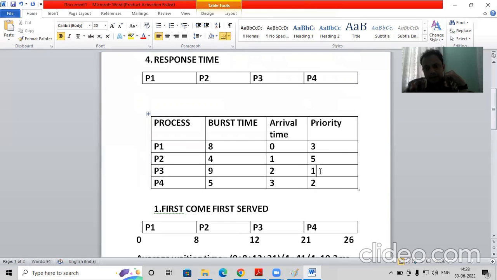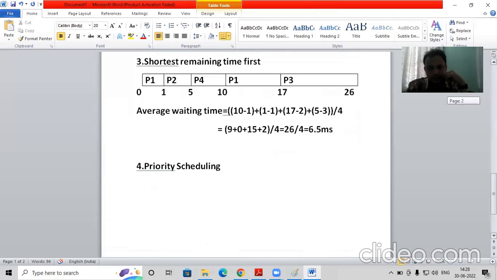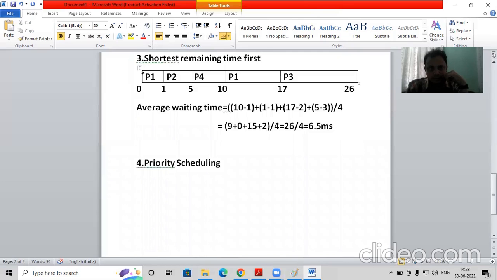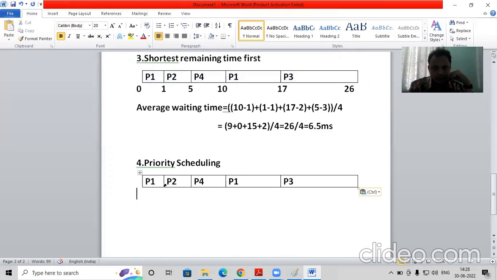Priority 1 means highest priority, priority 5 means lowest priority. So the highest priority process will get CPU time first. If you follow this algorithm, priority scheduling, then what will happen?